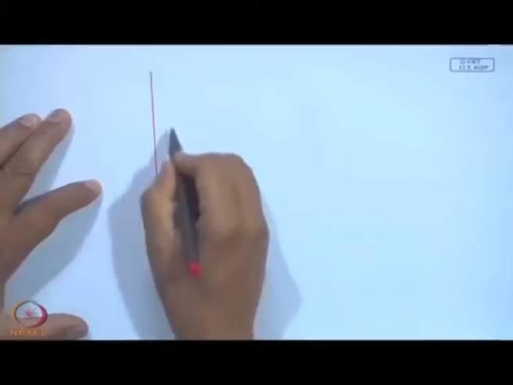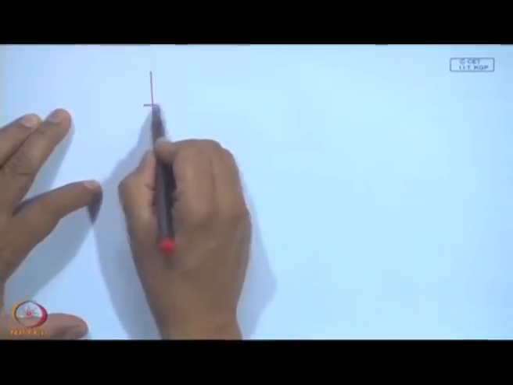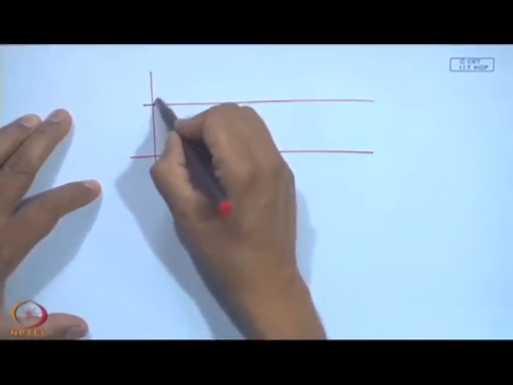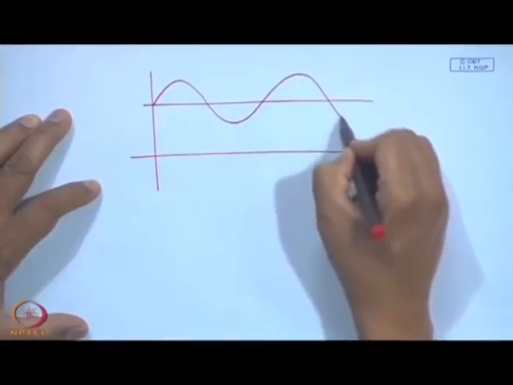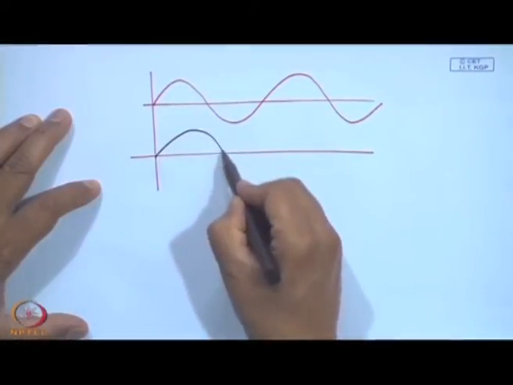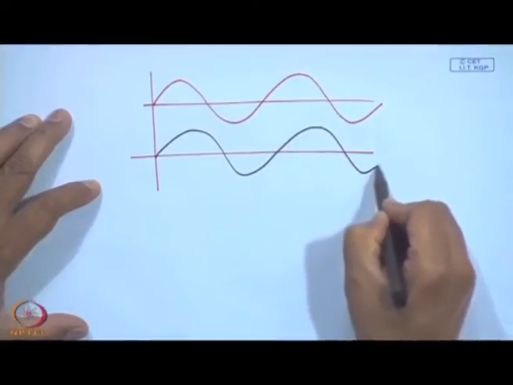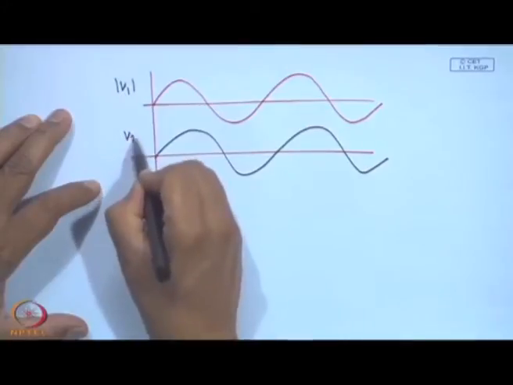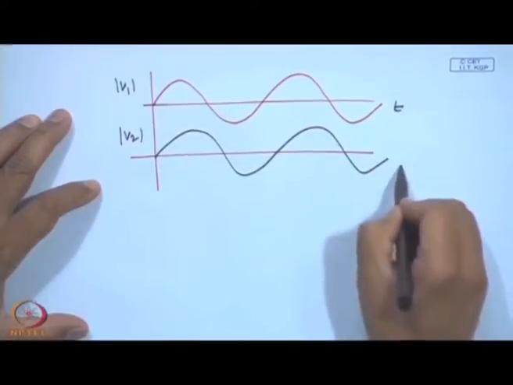If I were to plot on an oscilloscope, I draw two lines here, V1 and V2 against time.